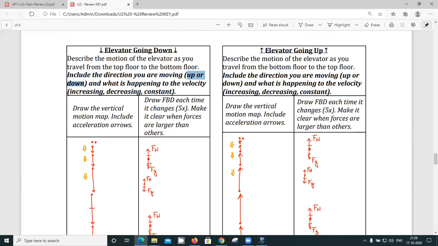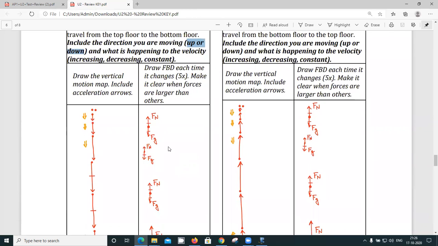Because if you take the elevator, then the tension will come, the rope will come. Okay, they have not mentioned it clearly, but it is the free body diagram of the person, because only the person inside will feel the normal reaction.